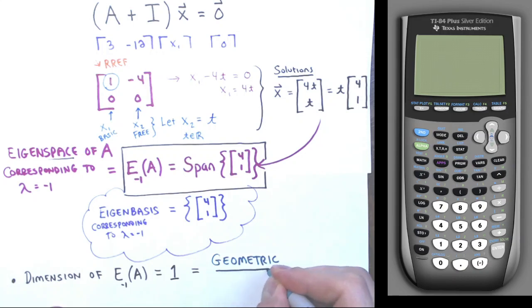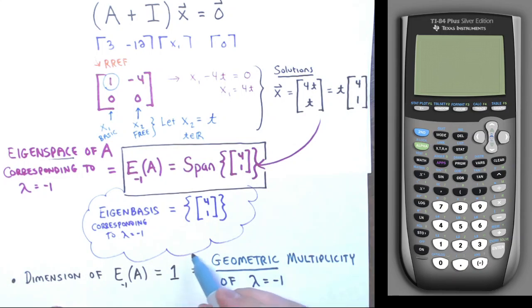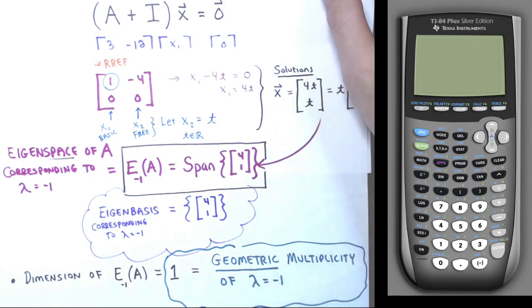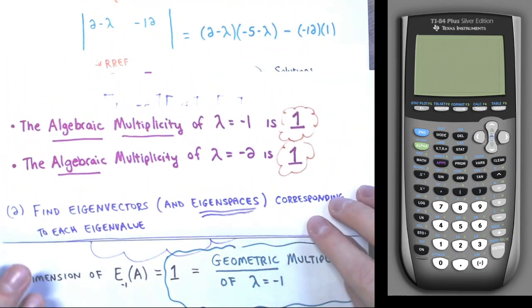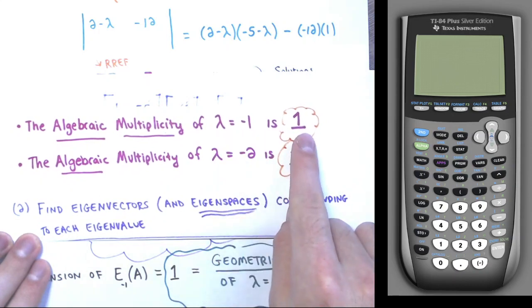Right, so we had algebraic multiplicity earlier. But again, the geometric multiplicity of lambda equals -1 is just the dimension of that eigenspace corresponding to -1. So we're seeing here that the geometric multiplicity of -1 is 1. Earlier, we saw the algebraic multiplicity of -1 was also 1.